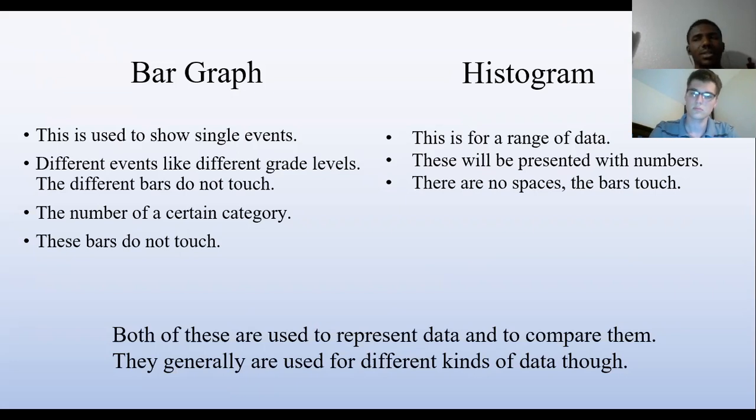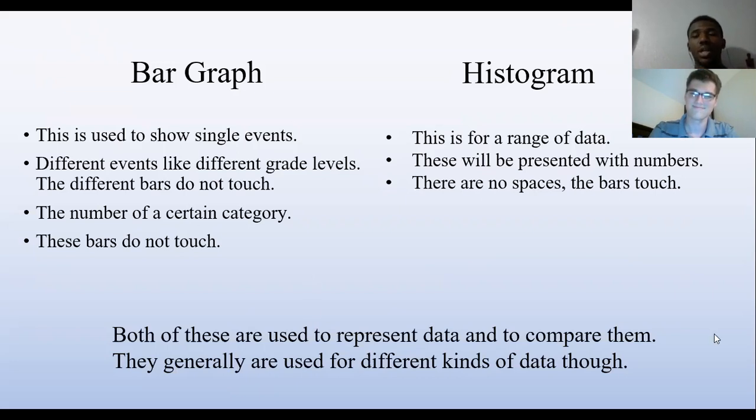But with a histogram, I would say in a whole school, let's say a whole school district, how many kids are from ages 0 to 5, and then from 6 to 10, and then from 11 to 14. That's generally how I would use a histogram. Now, will it always be used that way? No, not always.